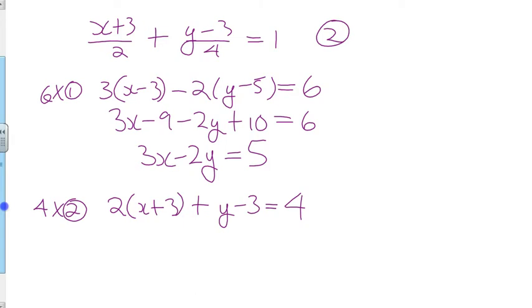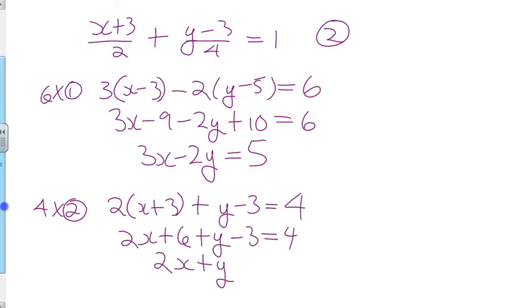You're so excited to get this right, and you sort of lose interest by the time you hit the equal sign, and you just write equals 1. So you've got to actually pay attention. 2x plus 6 plus y minus 3 equals 4, or 2x plus y, that'll be plus 3, so we'll subtract 3, equals 1.